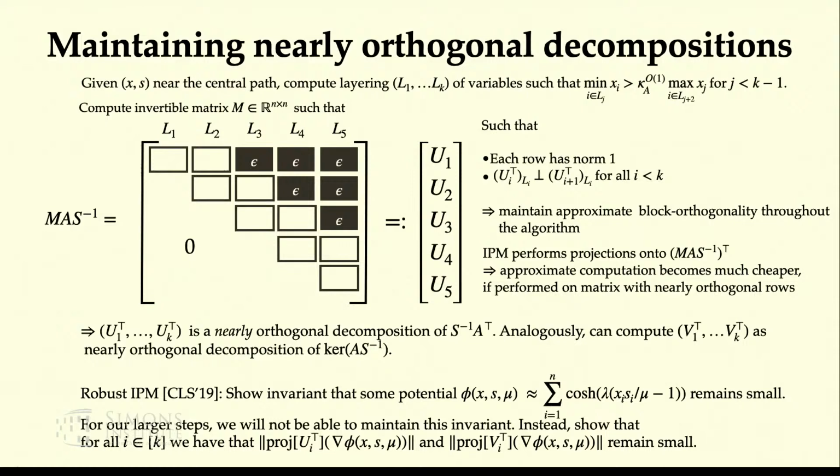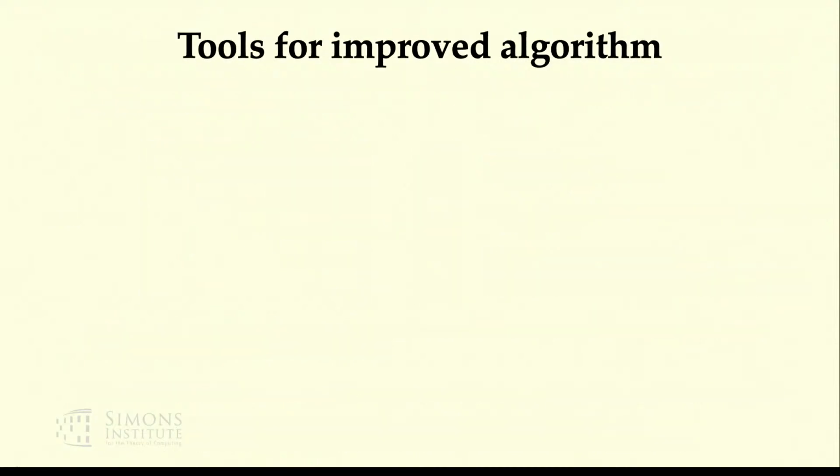In particular, you bound for every one of these subspaces the error, that is the projection onto that subspace of the gradient of your error. You can show that this is constant, and with that, everything is fine. You can show that you have a faster robust IPM, again, very high level, but this is how you can design the improved running time.